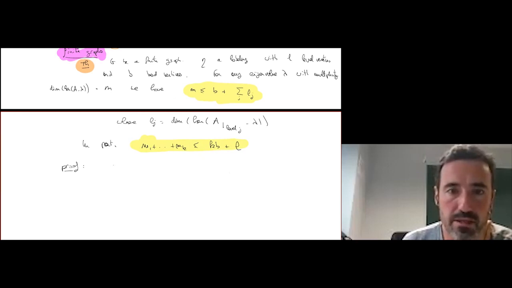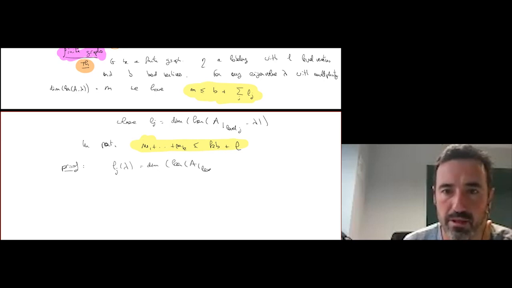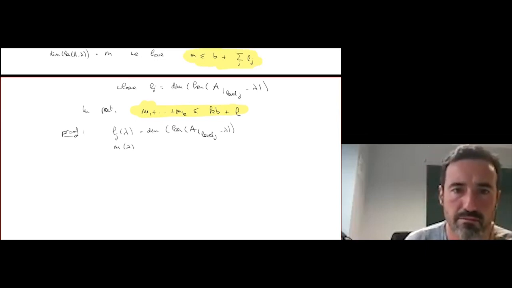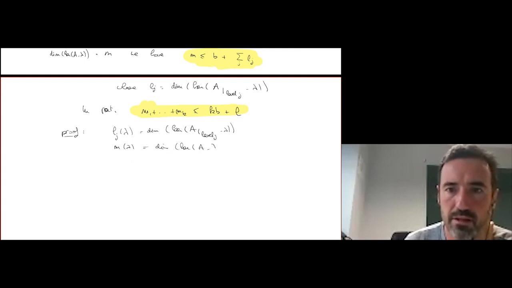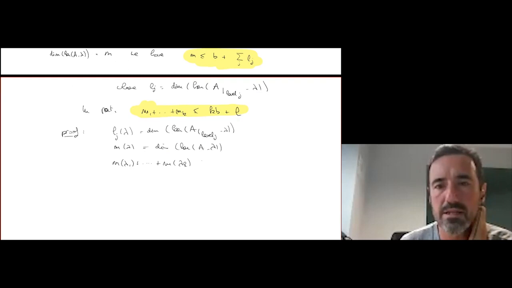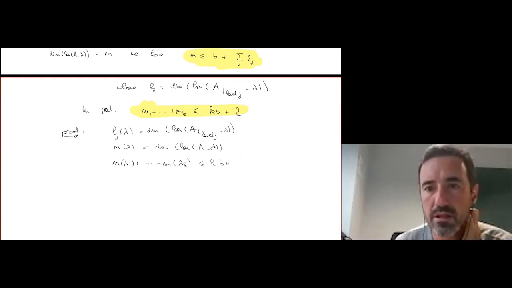If you sum over multiplicities, let's call Lj of lambda the dimension for label j, I write explicitly the dependence on the eigenvalue, and m of lambda is the dimension of the kernel of A minus lambda. If you sum the multiplicities of any k eigenvalues and apply this inequality, it will be less than kb plus the sum over j of Lj of lambda k.